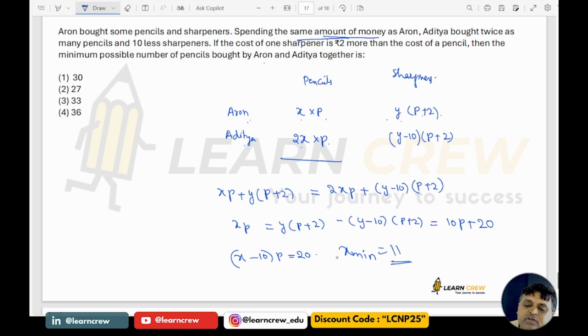So total pencils of Aaron and Aditya together is 3X. So 3 into 11, 33. 33 is the answer.